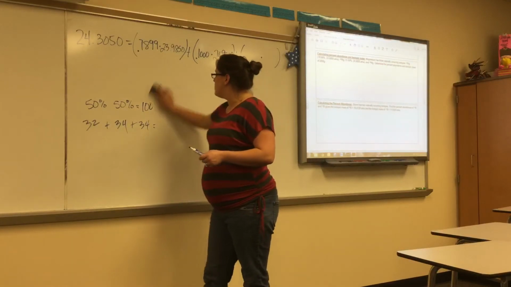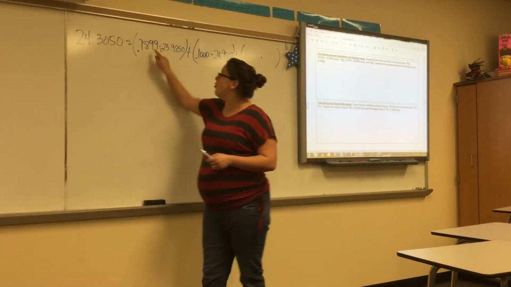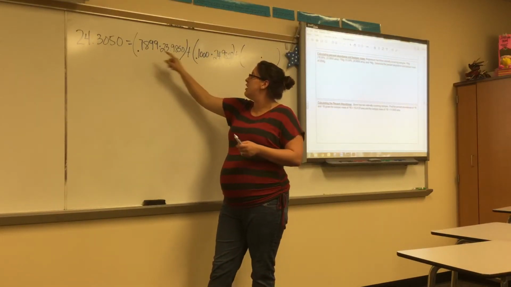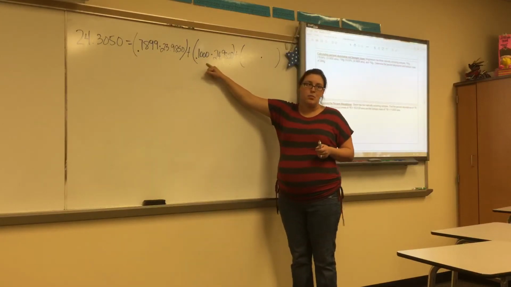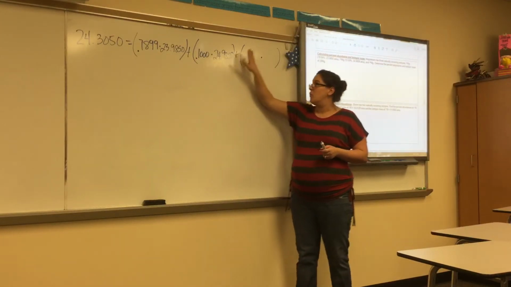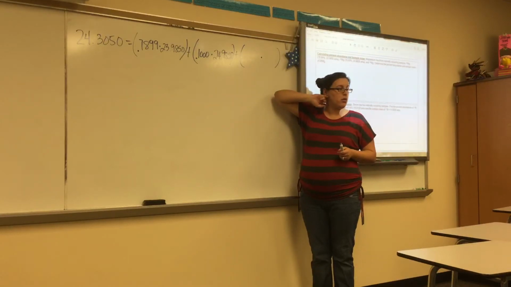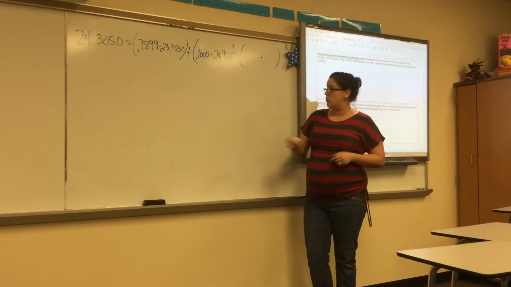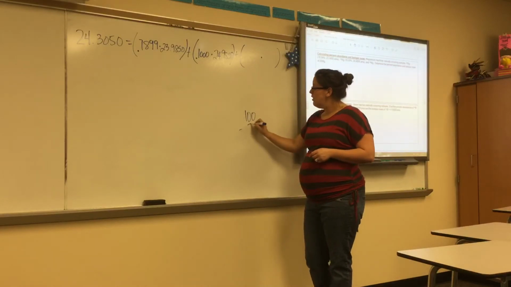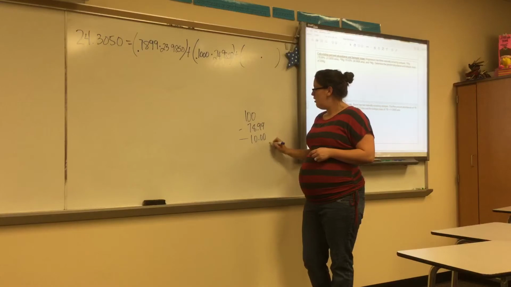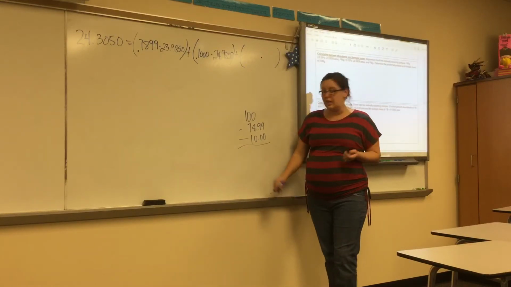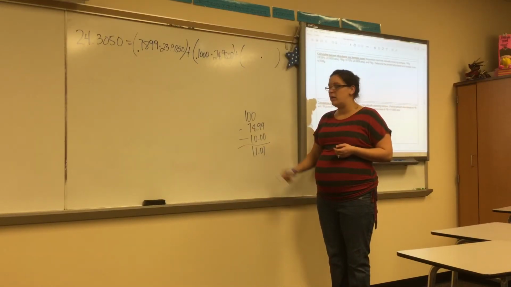We know that our first isotope exists 78.99%. This one exists 10%. So, can we not find the percent that this third one came up with? I would do 100 minus 78.99 minus 10. And what you should get is 11.01.